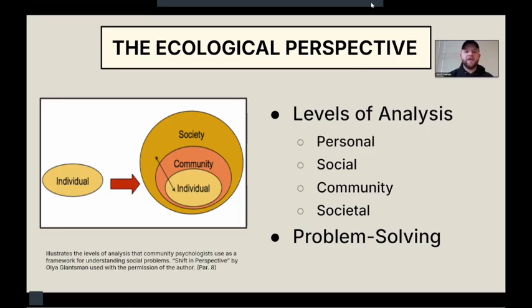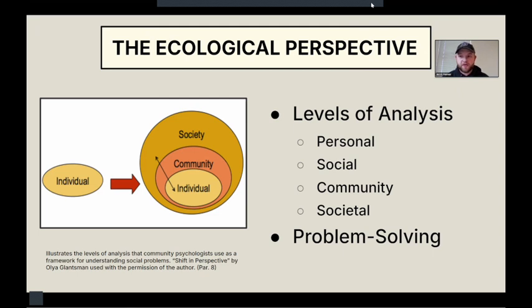So we have the ecological perspective, which has 4 main levels of analysis: personal, social, community, and societal. And the figure shows what layers there are within that level.